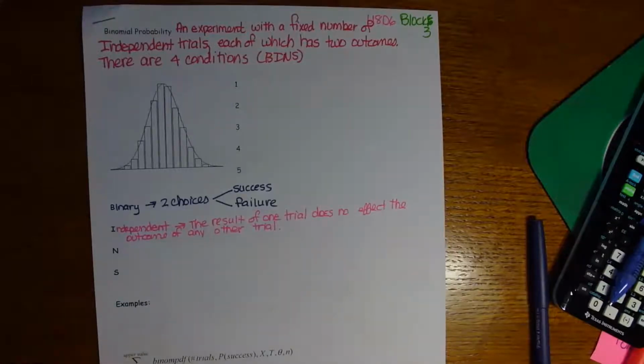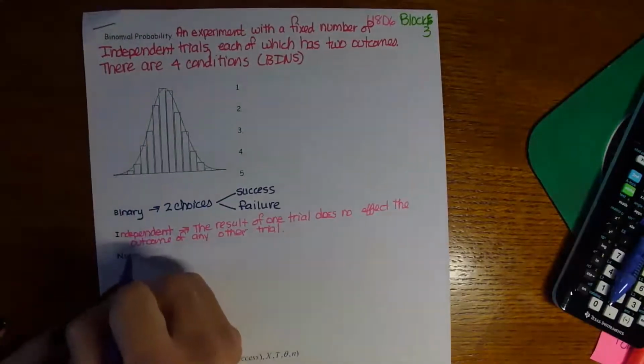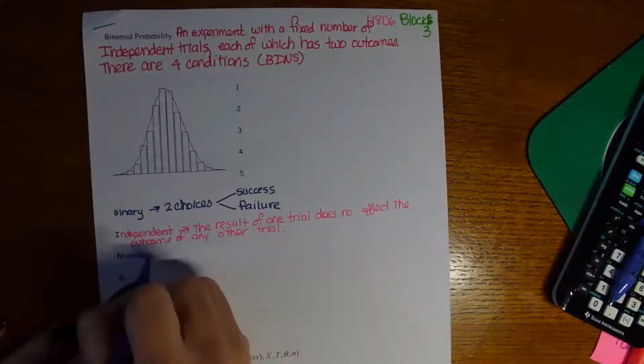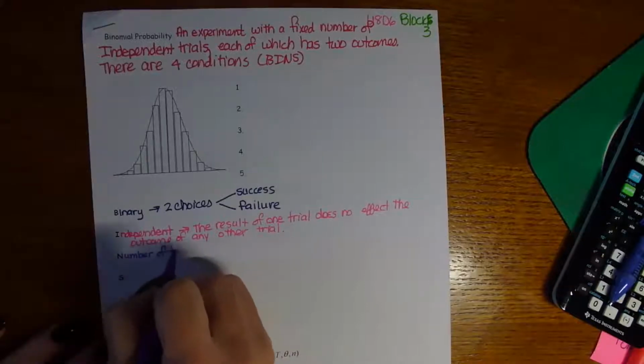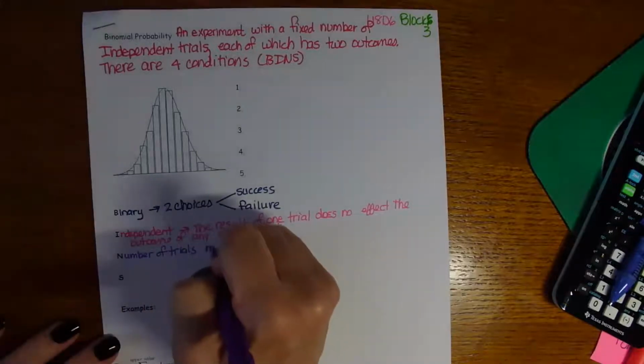Like when we flip a coin, no matter how many times you flip tails, it doesn't affect if you get a head the next time. They're independent, right? The number of trials, right, must be fixed in advance.